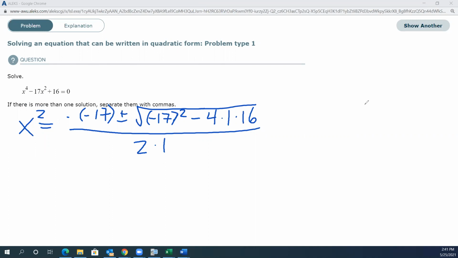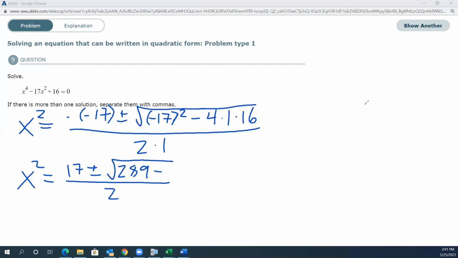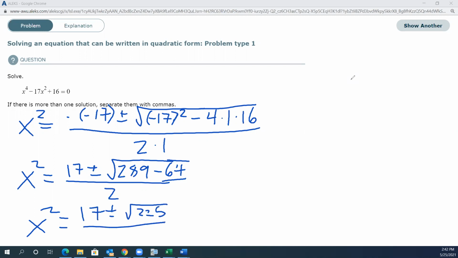That's about it. So now we'll say, all right, x squared equals 17 plus or minus, we got a 2, I think it's 289 if I recall correctly, and minus 64, I suppose. So that'll give us x squared is 17 plus or minus the square root of 225 over 2.